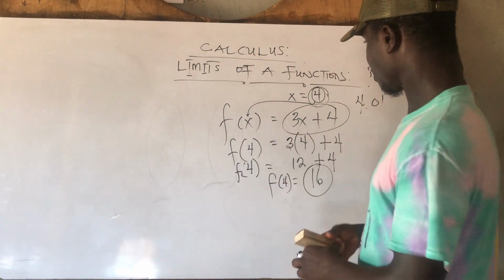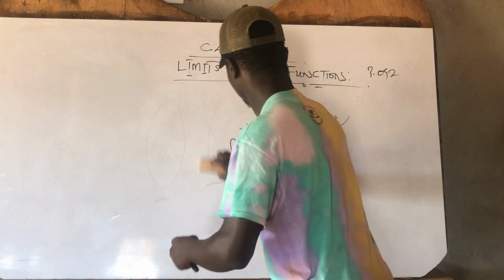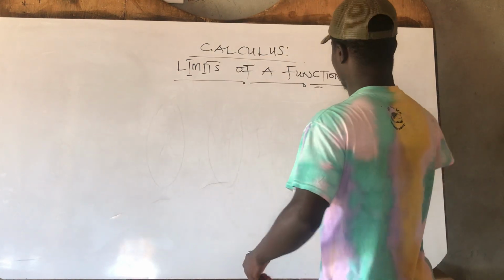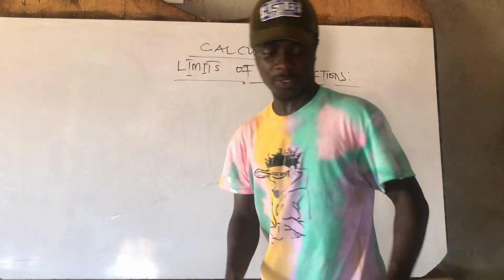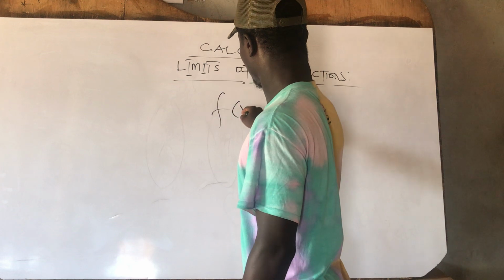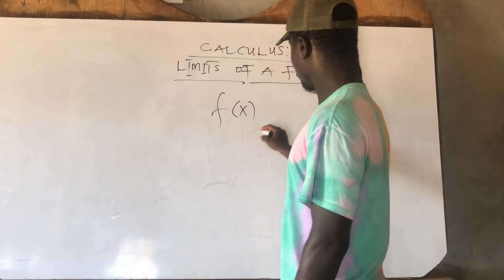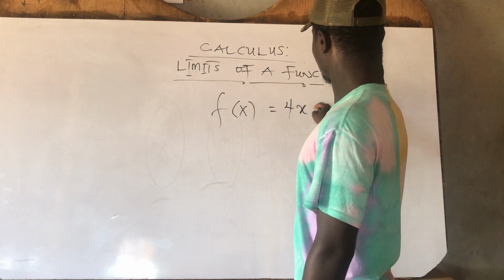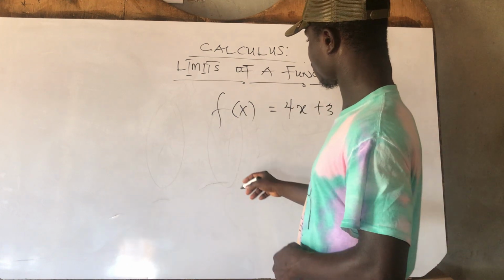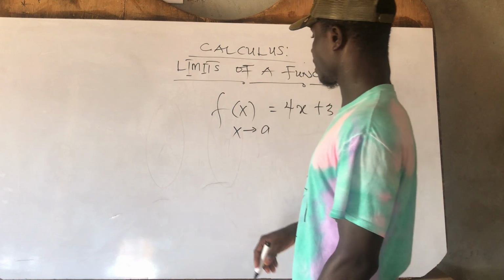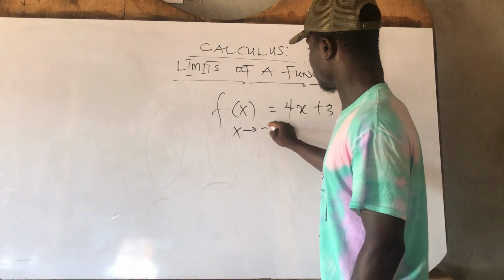When you come to calculus here, if I have this f of x equals, let's say, 4x plus 3, as x approaches -4.